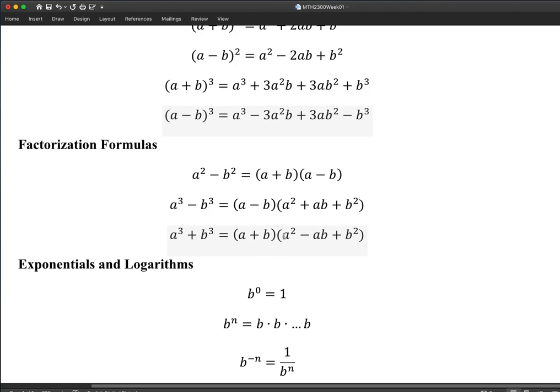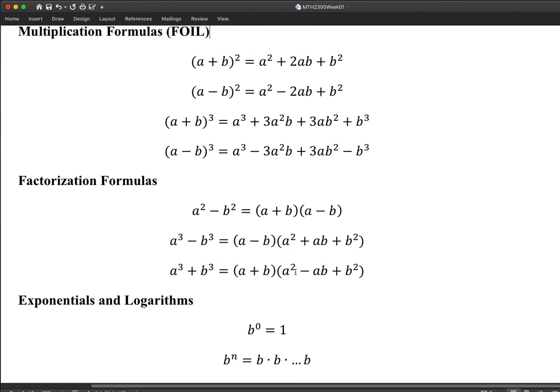Looking at all the formulas together, we have the square of a sum, square of a difference, difference of squares, difference of cubes, and sum of cubes. And then you may wonder if there is a factorization formula for the sum of two squares.